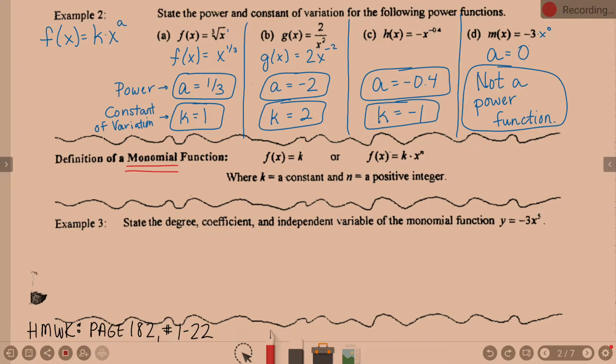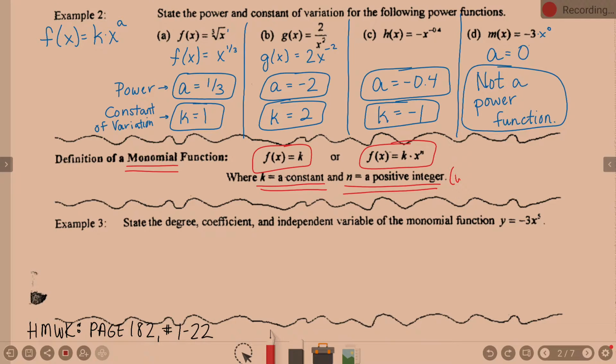Now, as you look at it, notice it gives options here. It says it could be f of x equals k, which means it could be no x. It could just be a constant, so x could be 0. Or f of x equals k times x to the n. Here's the key, guys. K is some constant. That's what we had up above. Here's the big deal. N is a positive integer.